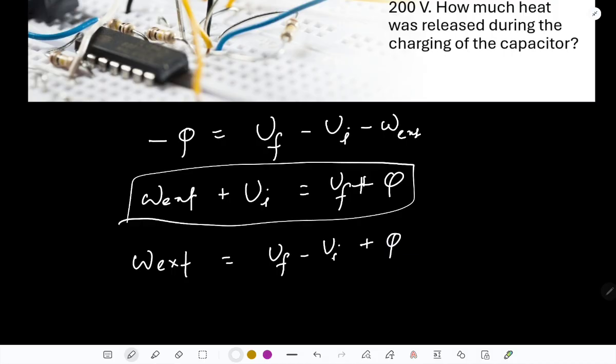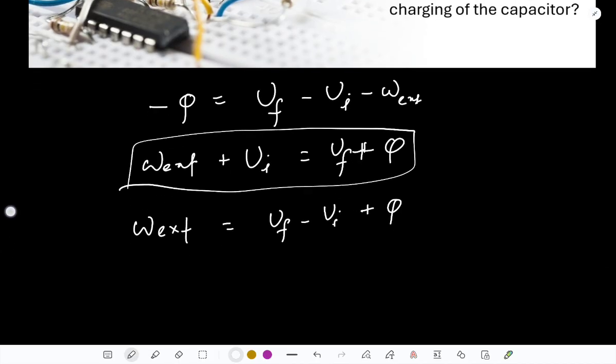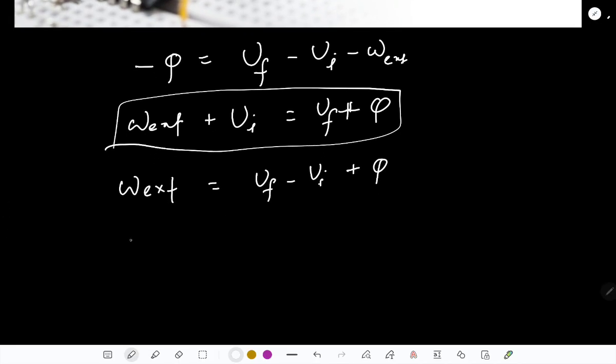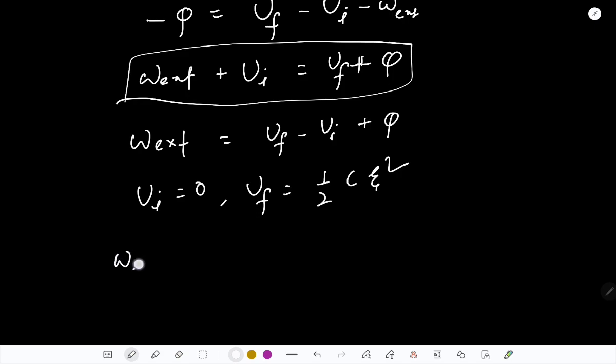And you can see in the case under consideration, the initial potential energy is 0, and the final potential energy becomes simply half C Xi square. And for work done by the external agent, we should be a bit careful writing this expression.